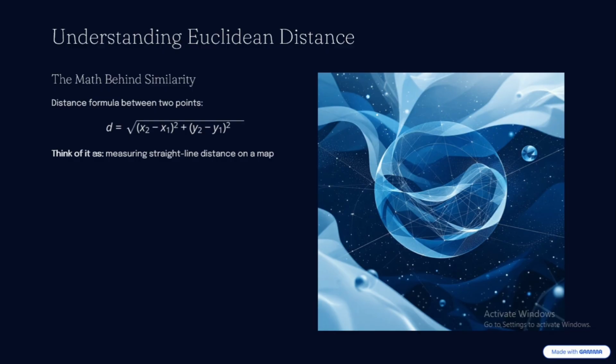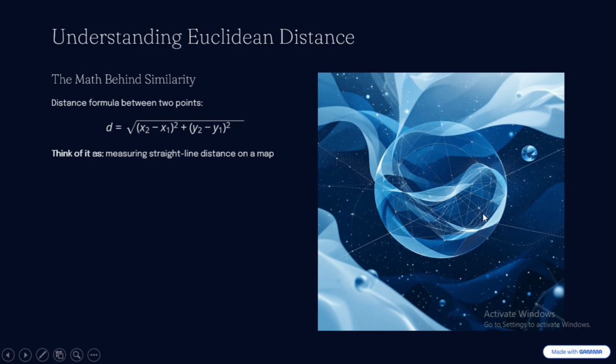Understanding Euclidean distance. Now let's talk about the math behind similarity. The most common distance used in kNN is Euclidean distance. You can think of it as measuring straight line distance on a map. In the diagram, notice each data point has coordinates.